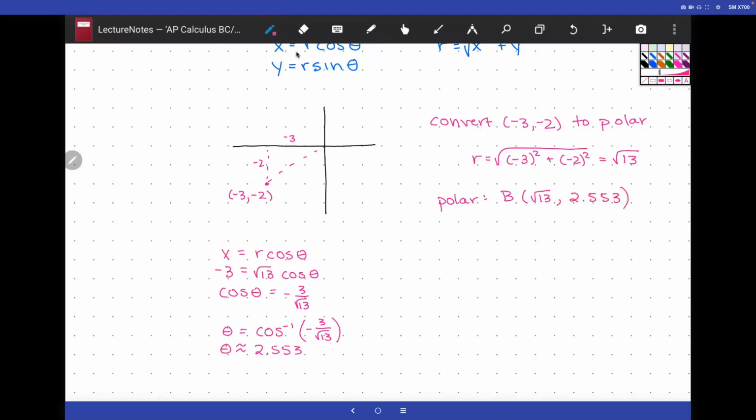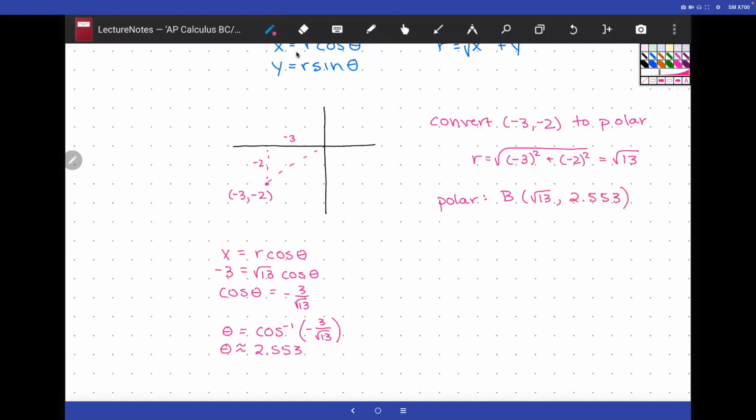This is the problem. We haven't done anything wrong. We're just not done. 2.553 is in the wrong quadrant. Does anybody know why? What's wrong with what we just did? Which quadrant is 2.553 in? How did it put us in quadrant 2 when it looks like we did everything right? We should be in quadrant 3.